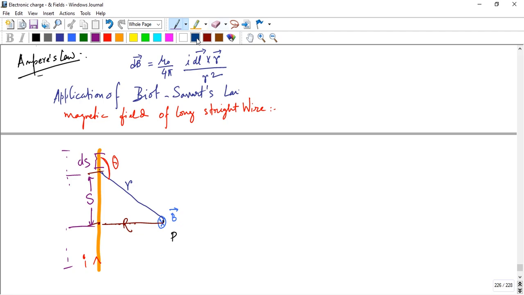Here we apply Biot-Savart's law. From the equation we know that dB is equal to mu 0 upon 4 pi, I ds sin theta, by r square. From the differential length to point P, the distance is r.